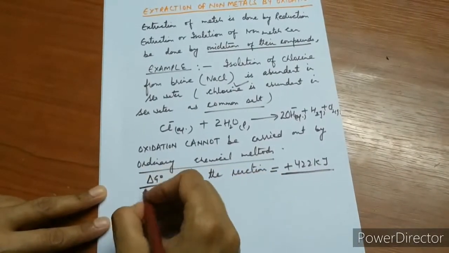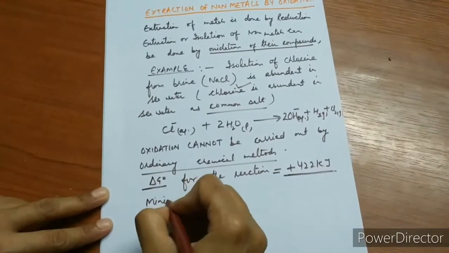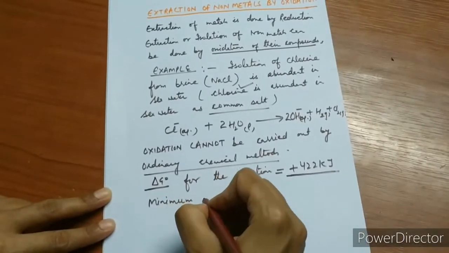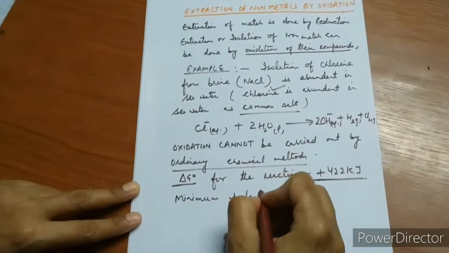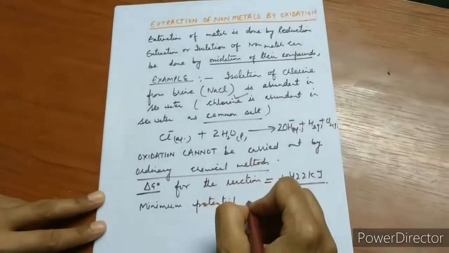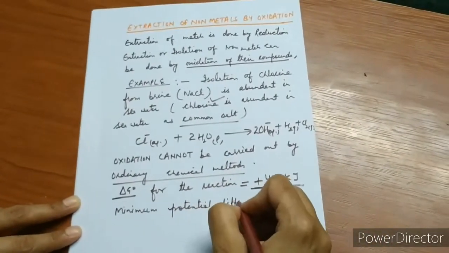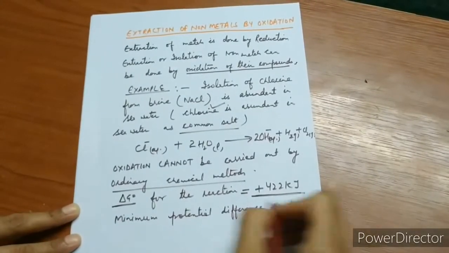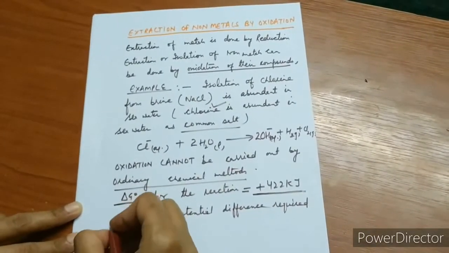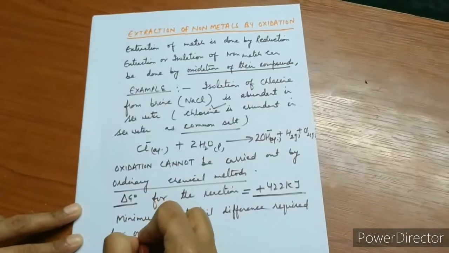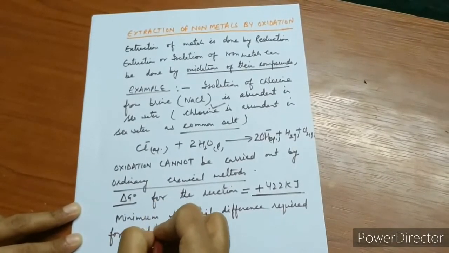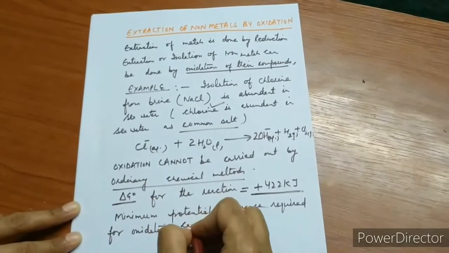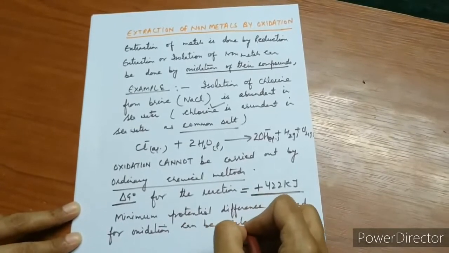So the minimum potential difference required for oxidation can be calculated.